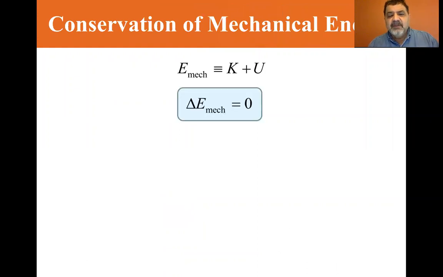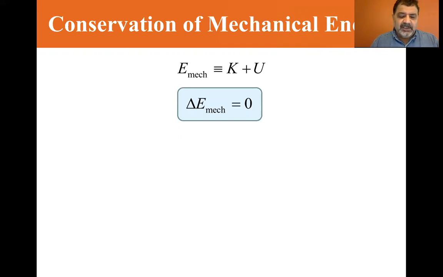The change in mechanical energy is equal to zero. Again, if you have a decrease in potential energy, you'll have an equal increase in kinetic energy. This equation is a statement of conservation of mechanical energy for isolated systems with no non-conservative forces acting on it. Mechanical energy in such a system is conserved, and the sum of kinetic and potential energies remains constant.